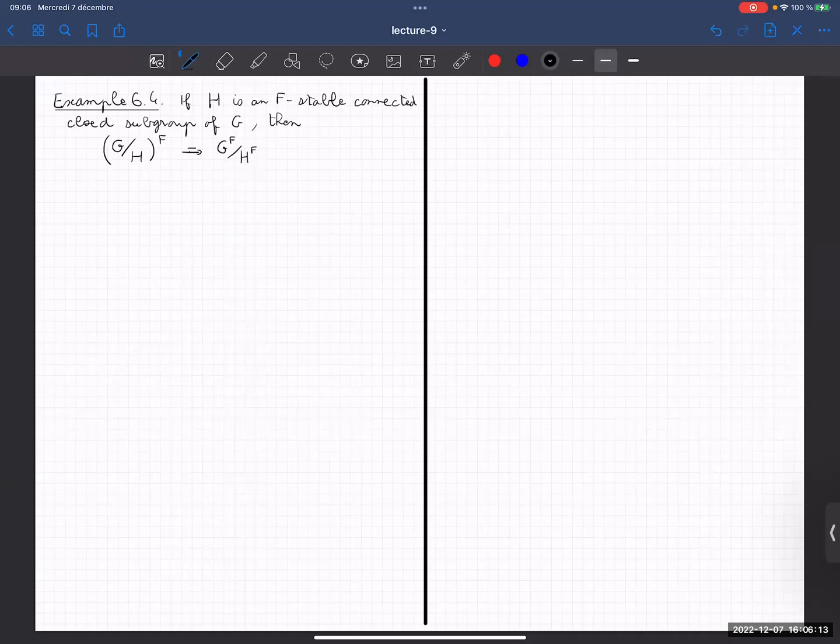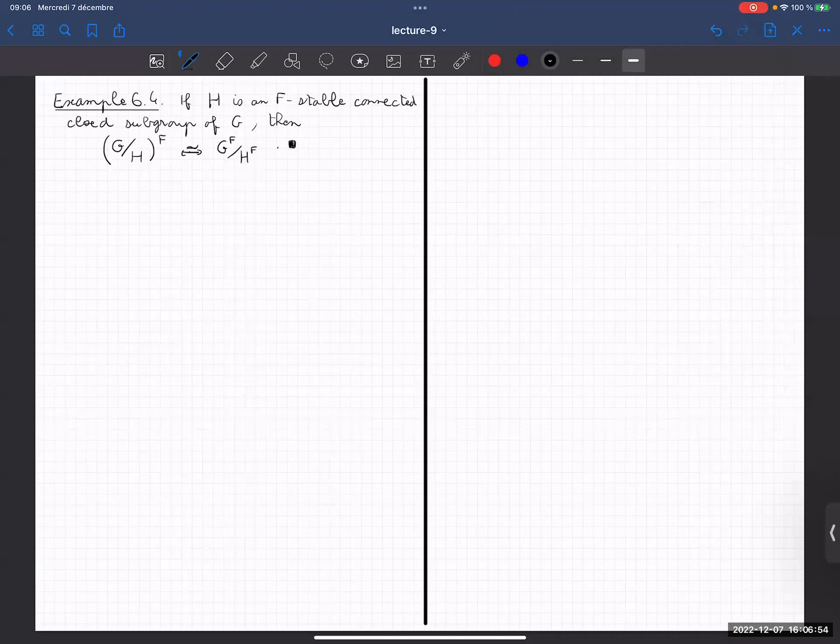Maybe I should write a natural bijection instead of an equality, but I will often write equalities in this case. Okay, so here it's very important that H is connected, but you don't require that G is connected. What is important is that the group which acts, that's the group H, is connected.